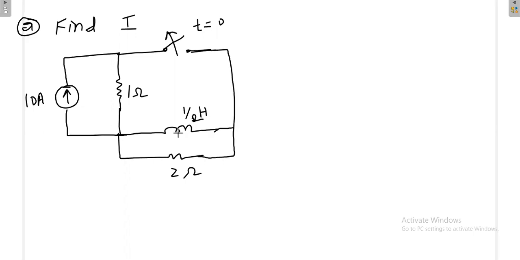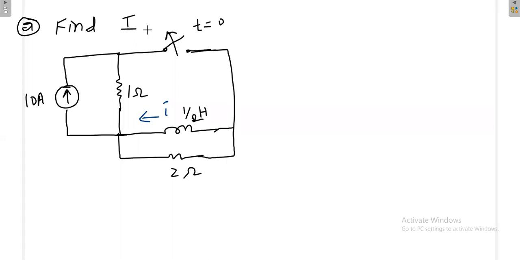Now I want to know what is the current across the inductor. I need to know the current here, that means I am writing it as capital I. See, at t is equal to 0 you are opening the switch.